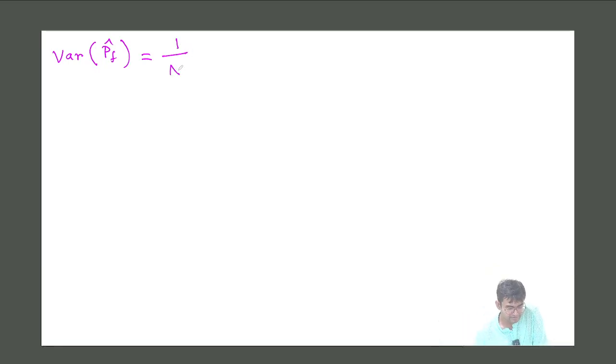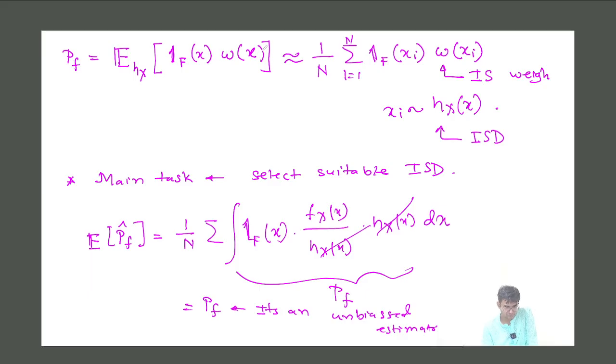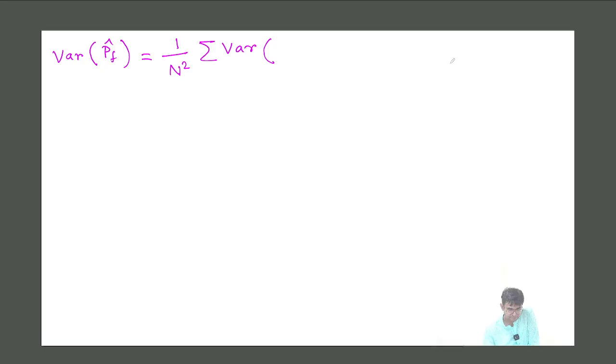So, 1 by n square summation, variance of this whole thing, with respect to h, by the way, I of xi, f of xi multiplied by w of xi, right?